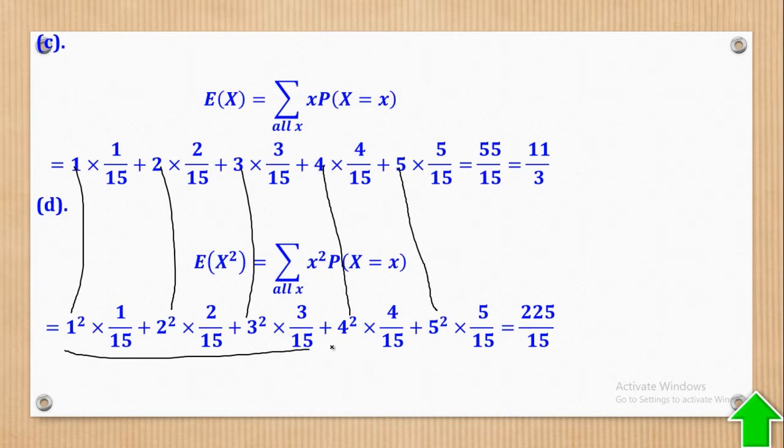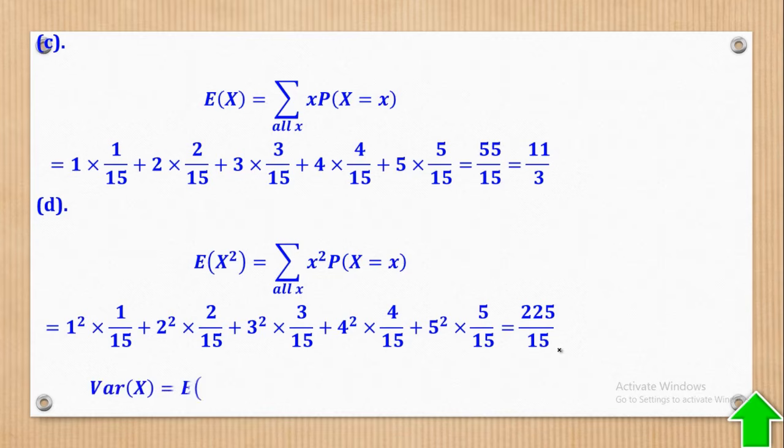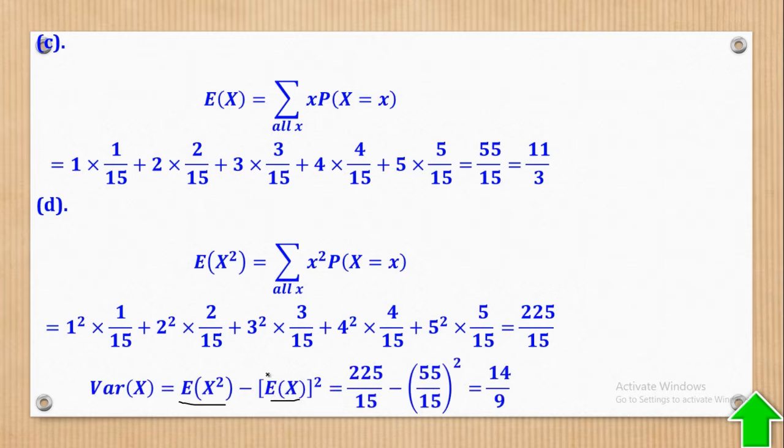Now when I add all these ones, I'll come up with 225 over 15, but that is not the answer they want. After that, you should remember that the variance is given by E(x squared) minus E(x) everything squared. So I'll put this one here, then I remember that E(x) was 55 over 15, which is there, and I square it. When I do that, the outcome will be 14 over 9, and that's what they wanted.